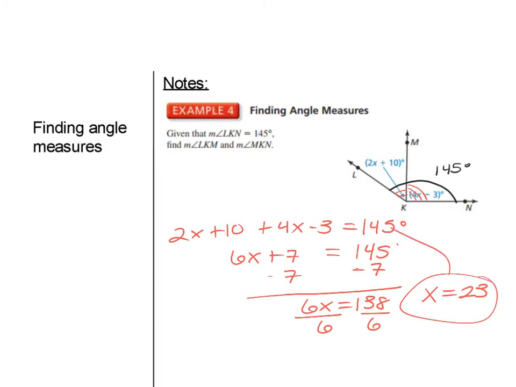So you take this value and you plug it back in. So let's take a look at the measure of LKM first. Well, that's going to be 2 times 23 plus 10, which is equal to 56. Does that make sense? And then you look at the other one, the measure of angle MKN.